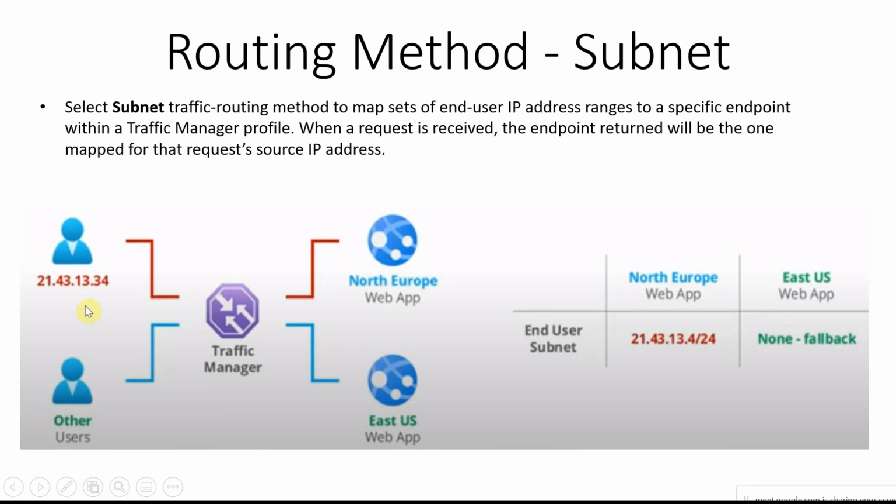And if traffic is coming from any other IP, then route it to East US. So basically, it is looking at the IP address of the origin, and based on that, it has the subnet also. Subnet is nothing but a network, the VNet subnet.